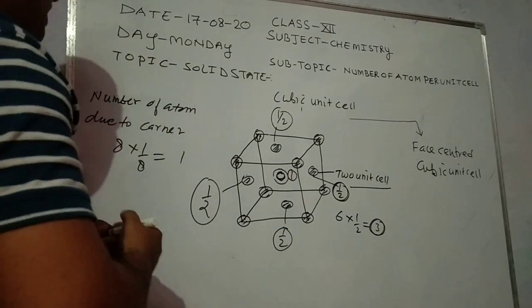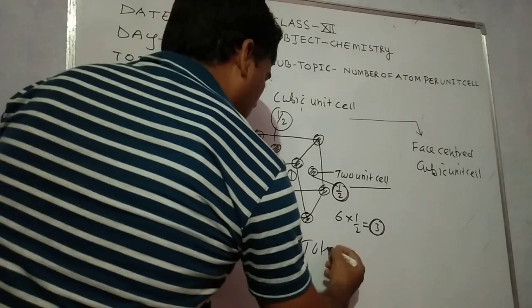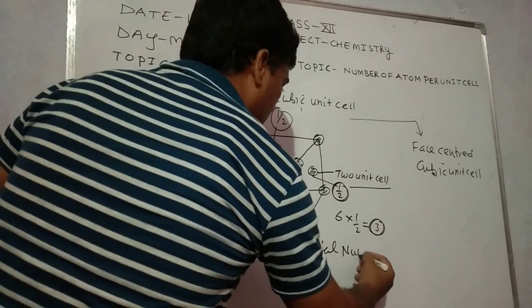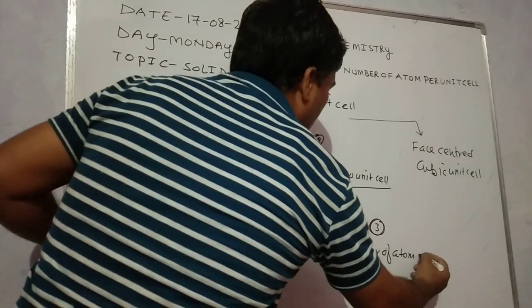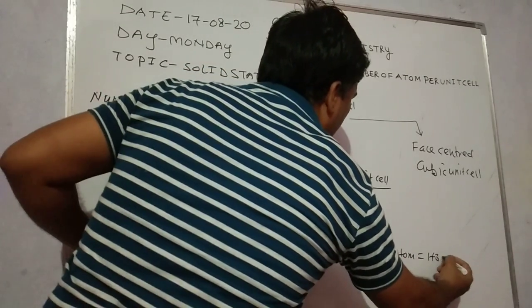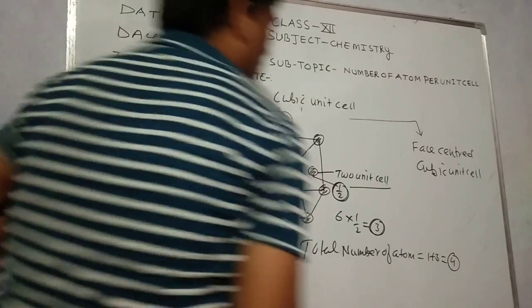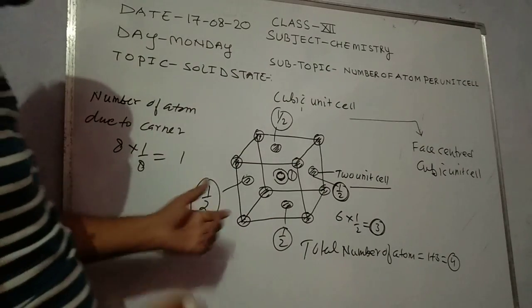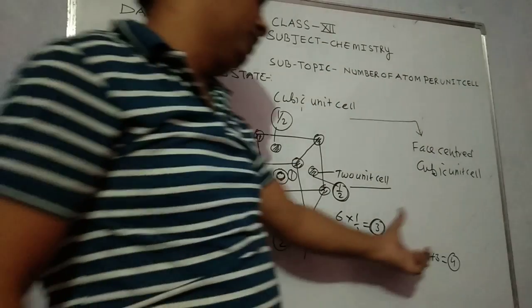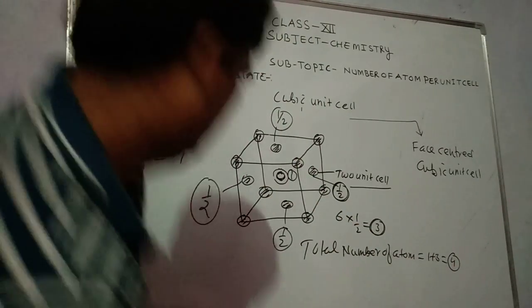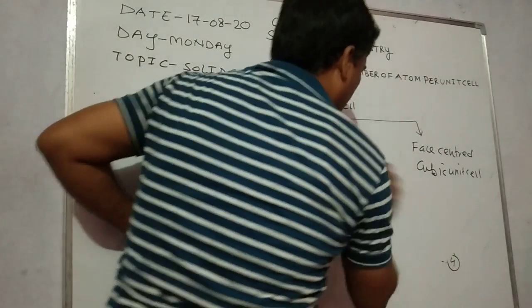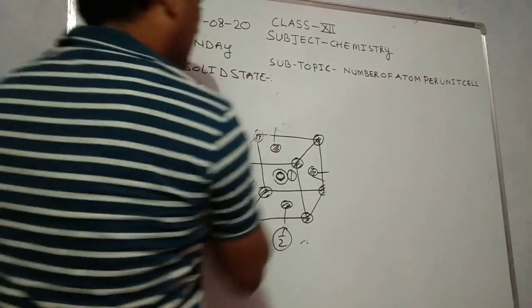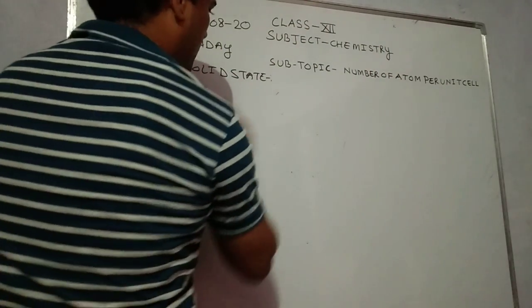So the total number of atoms is equal to 1 plus 3, that is 4. So for the face centered cubic unit cell, the number of atoms per unit cell is equal to 4. So we can easily calculate the number of atoms in a particular cubic unit cell.